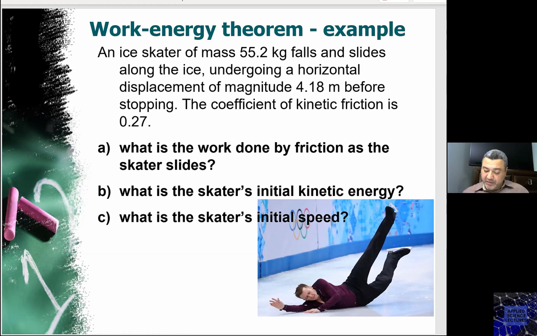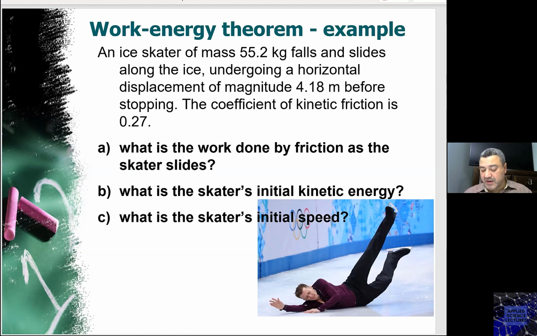So let's look at this example where we have an ice skater of mass 55.2 kilograms who falls and slides along the ice, undergoing a horizontal displacement of magnitude 4.18 meter before stopping.